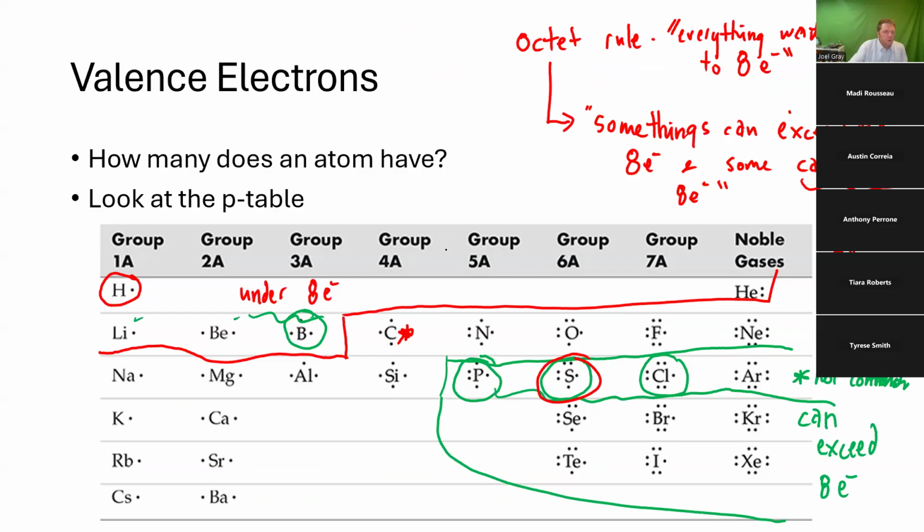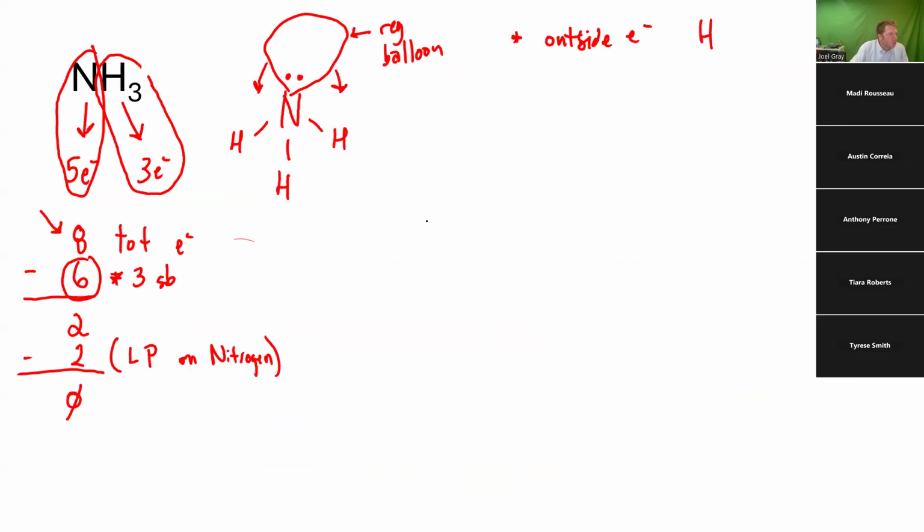One of the challenging parts about this formula in particular is which is our central atom? Before we get to that, let's ask how many electrons does each of these roll in with? They each roll in with seven.